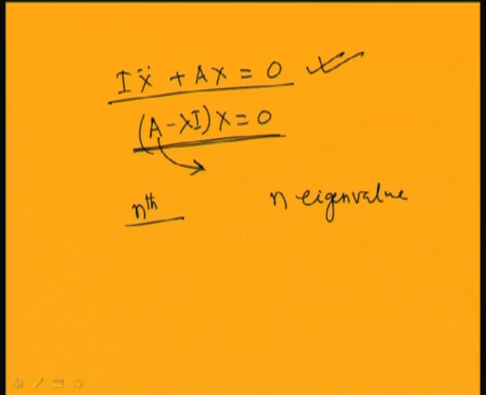So, you will have x1, x2 and xn, and using these normal modes you can write the modal matrix P, P equal to x1, x2, xn. Using these normal modes one can find the free vibration of a system.